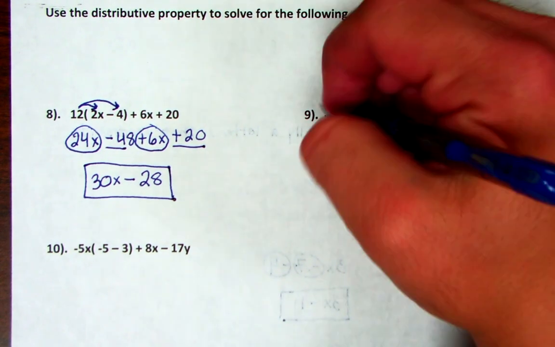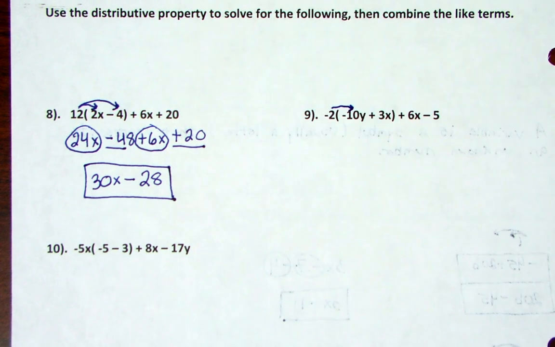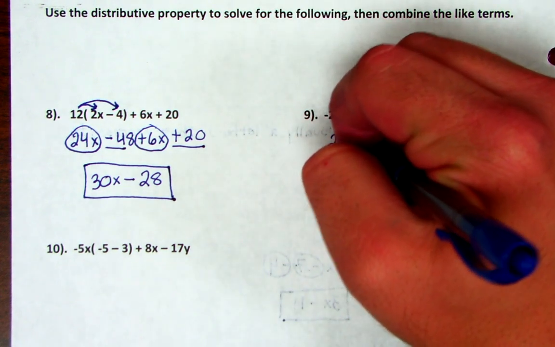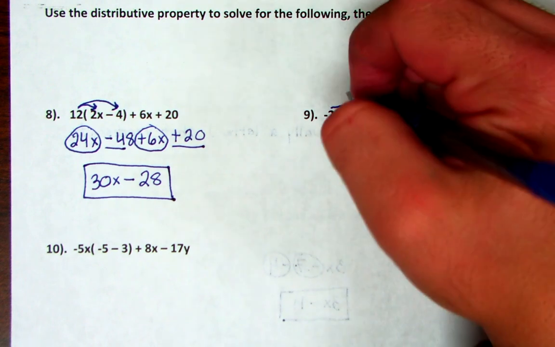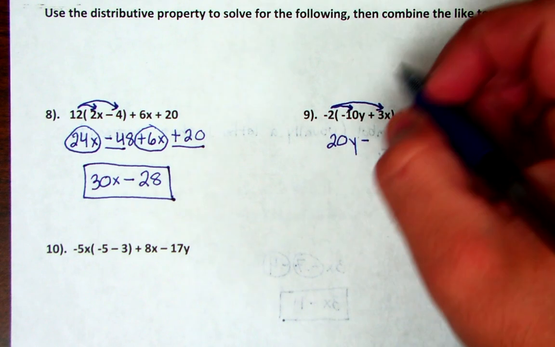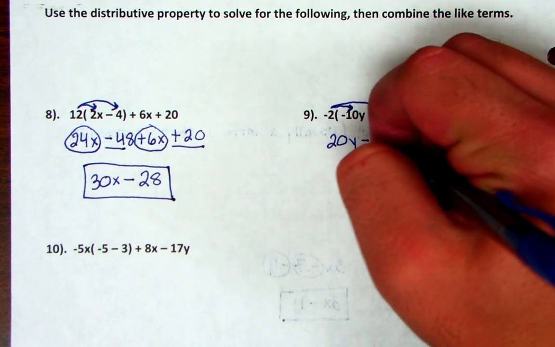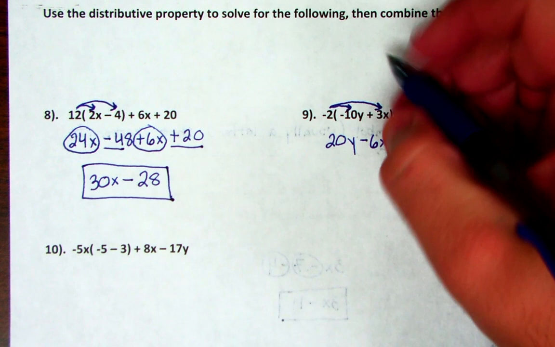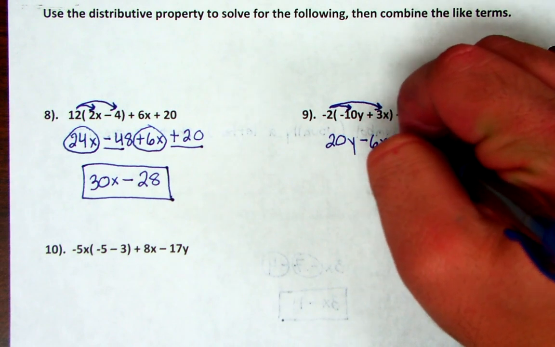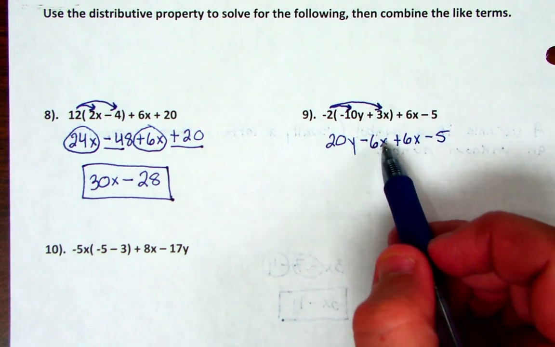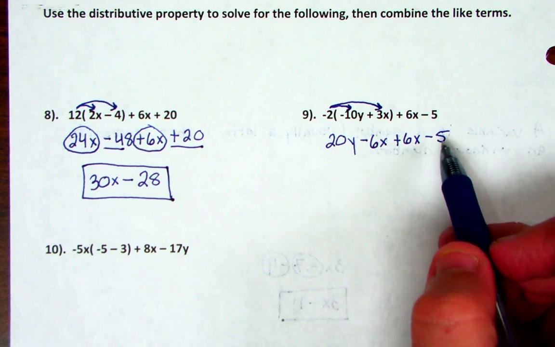Alright, 2 more. What is a negative times a negative? That's a positive. What's a negative times a positive? That's a negative. And 3 times 2 is 6. Again, everything on the outside of the parentheses, bring back down. Now, it looks like we have y's, x's, and constants.